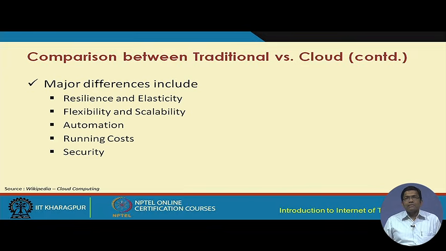Resilience means that when something goes wrong, users will not have a clue of it, and the problem is taken care of. It is resilient to different kinds of failures. Then flexibility and scalability: you need more resources, you just pay for it, and you have the resources whenever you need. Automation is understood, running costs, and security is very important.